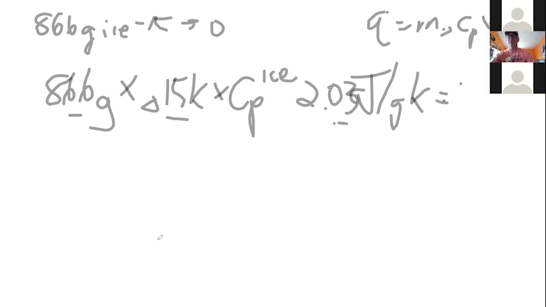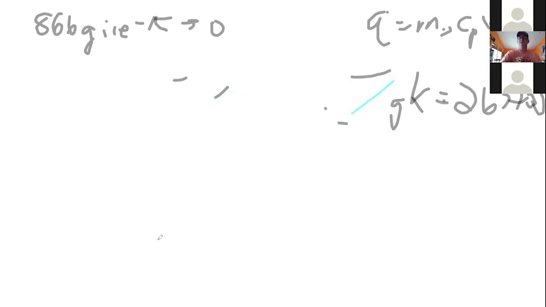It is 26,370 joules. Okay. So that's the first amount of energy that goes in, 26,370. What's the next thing that happens? So now I have my 866 grams of solid ice.